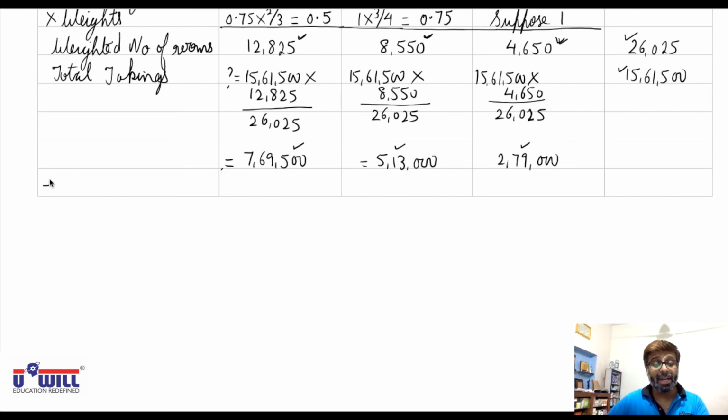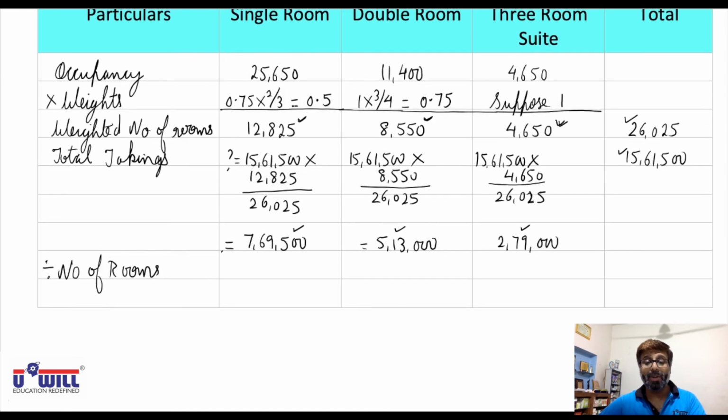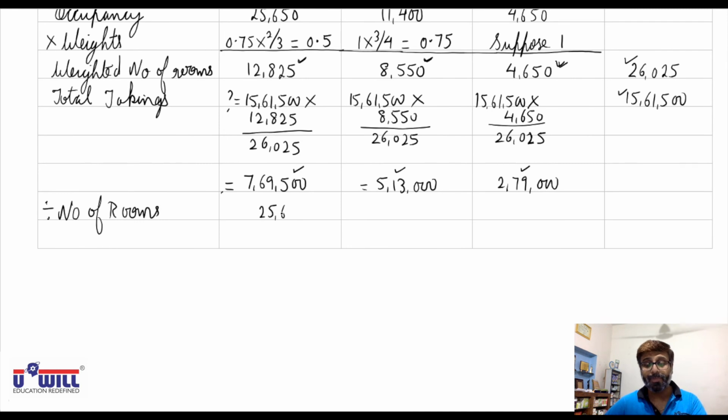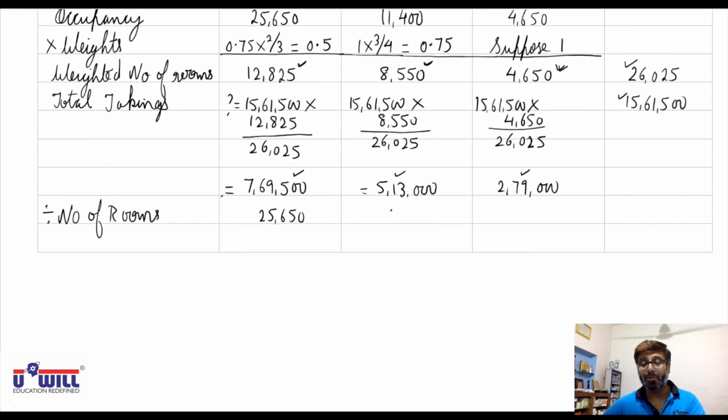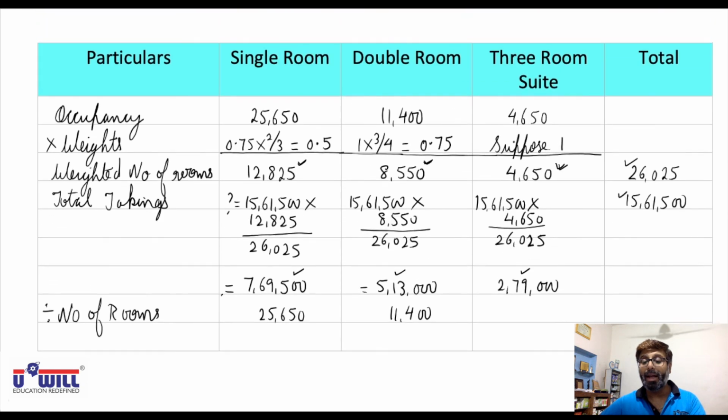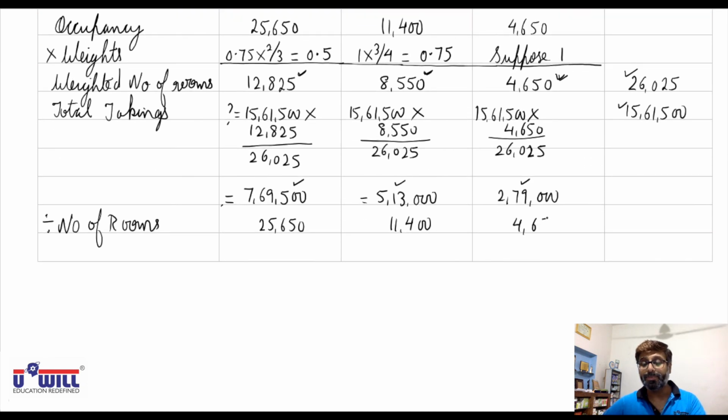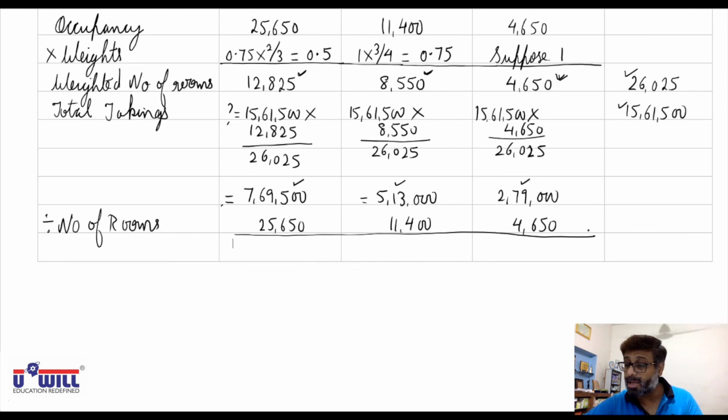Now this will be divided by number of rooms to find the rent per day. Okay, number of rooms here, when you divide by, you'll take 25650, 11,400 and 4650. So 7,69,500 divided by 25650 comes to 30 rupees per day rent.